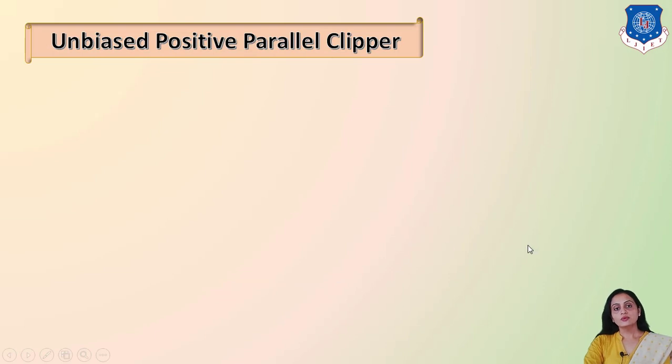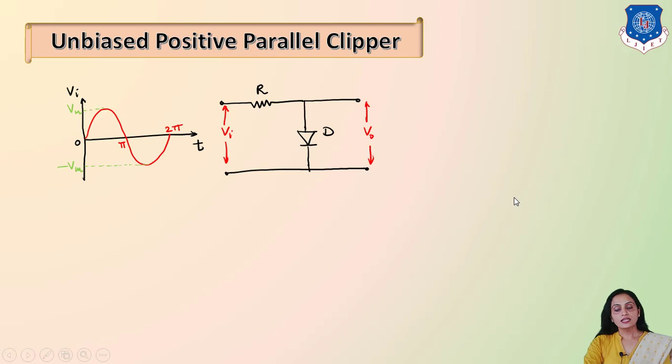So we will start with the unbiased positive parallel clipper. This is the circuit diagram for the unbiased positive parallel clipper. You can see over here, we are considering this unbiased because we have not included any DC source in this circuit.